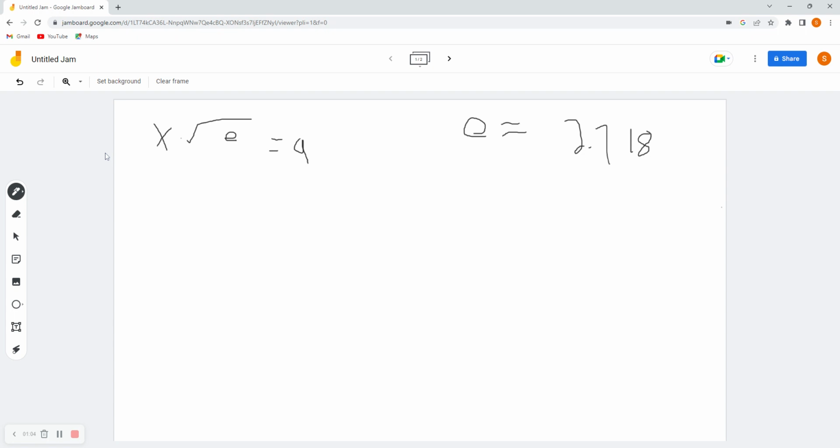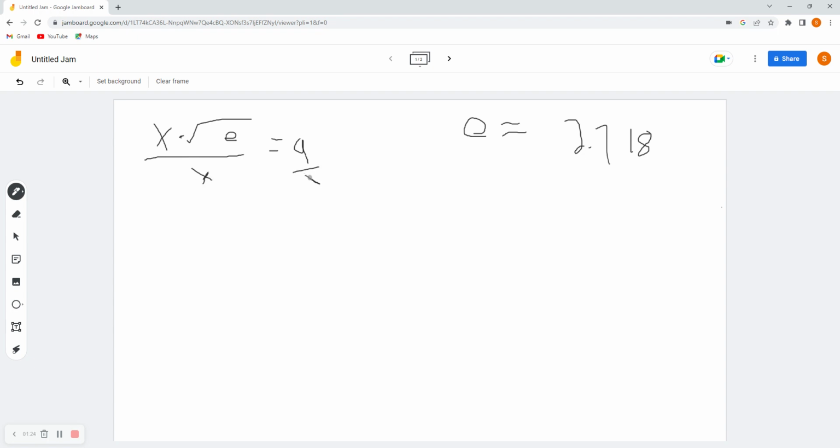So this problem looks pretty complicated, but it's pretty straightforward once you get the premise. First things first, we divide by x because we want to get e by itself so we can square it and get rid of the square root, because no one really likes to deal with square roots.